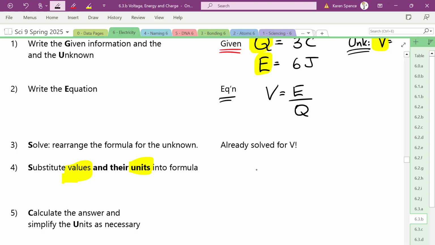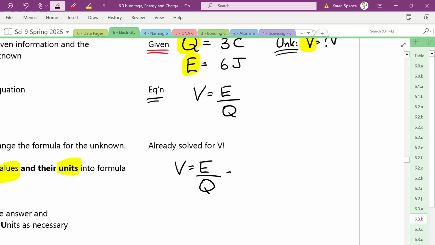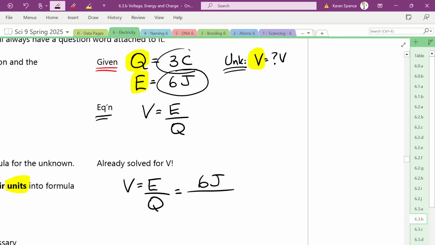So we have V equals E over Q, which is equal to energy, which is 6 joules. And Q is 3 coulombs. And we get 6 divided by 3 is 2 joules per coulomb.